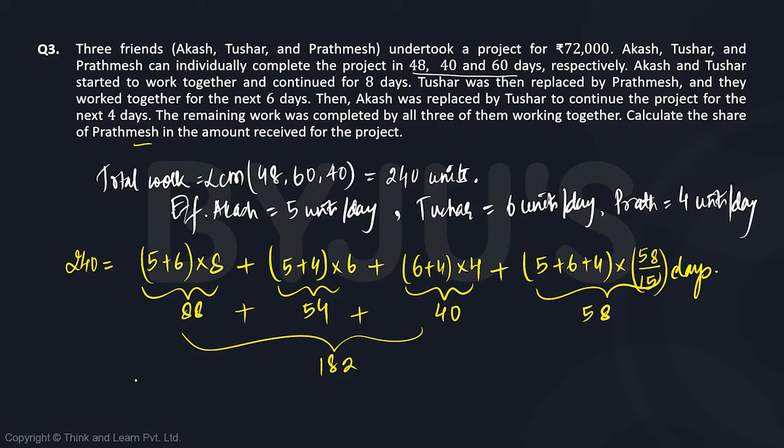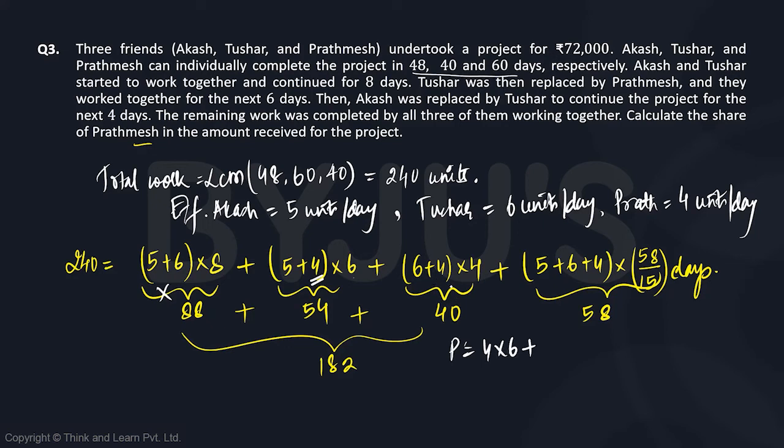So how many units did Prathamesh complete? If we look at Prathamesh, he was not there on the first day. On the second part, he completed 4 into 6, 24 units.